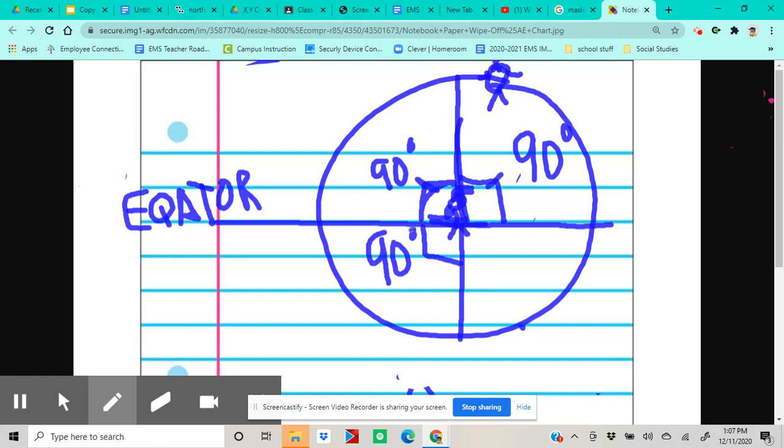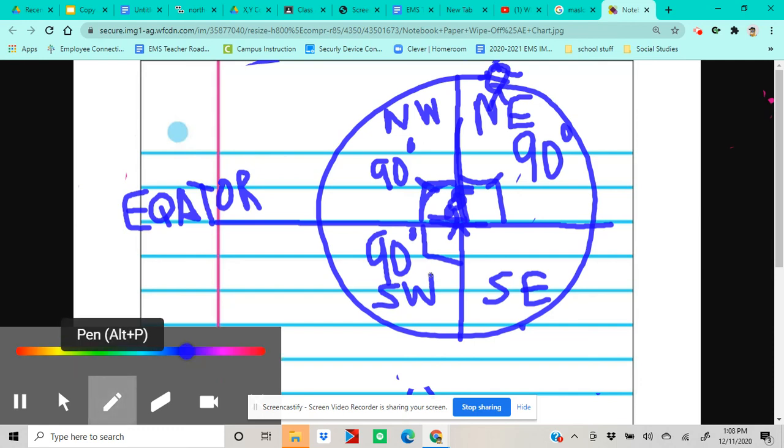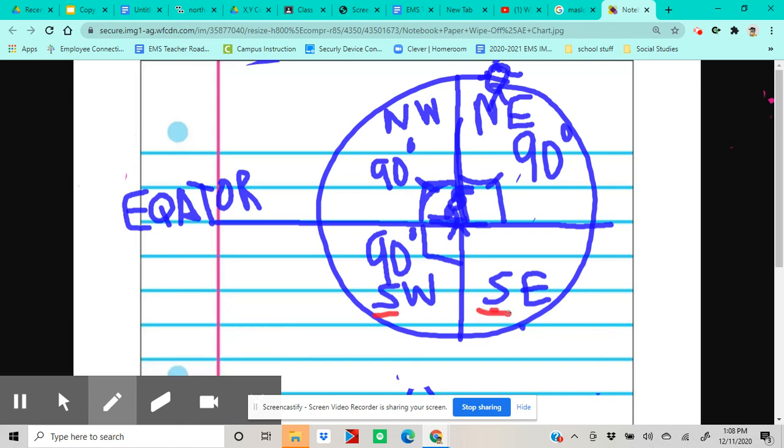So, as we recall our quadrants, north, west, north, east, south, east, and southwest. Well, now we are only worried about the direction north or south.